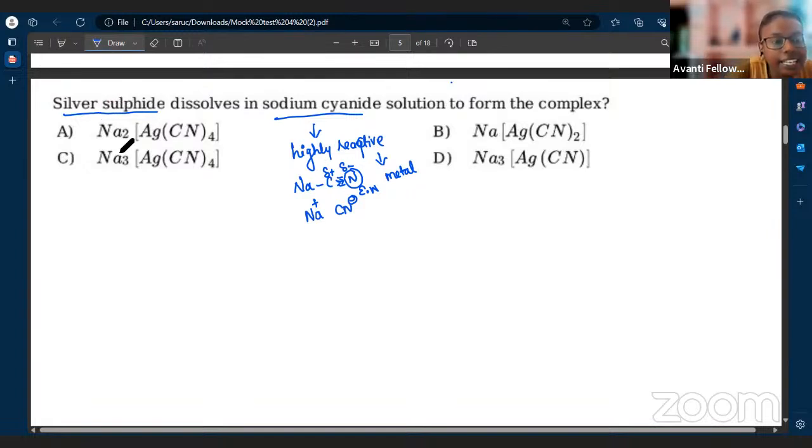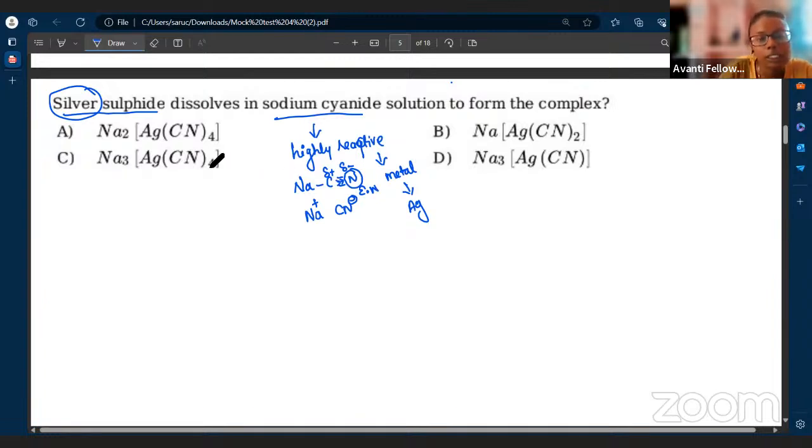So when it reacts with silver, the metal given in the question, it will form the cyanide of silver, the metal cyanide form. This metal cyanide is soluble, it is not insoluble, so it is used to extract the pure metal.